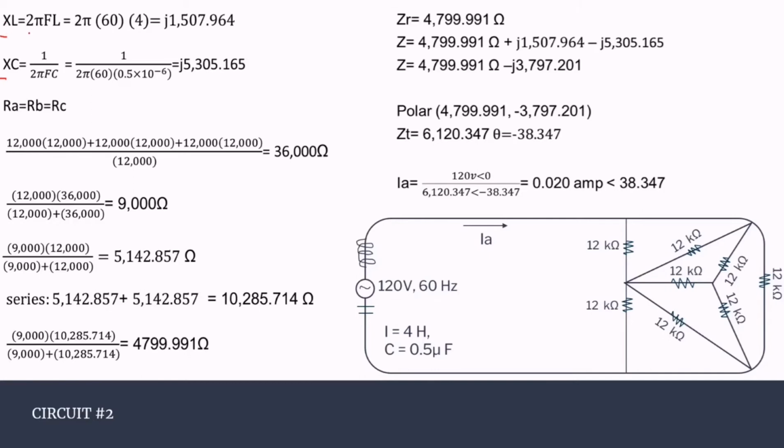So XL, 2 pi FL, is equal to 2 pi times 60 times 4 is equal to J 1,507.964, and XC, 1 over 2 pi FC, so we have 1 over 2 pi times 60 times 0.5 times 10 raised to negative 6 is equal to J 5,305.165.